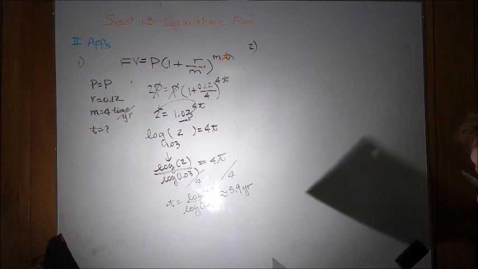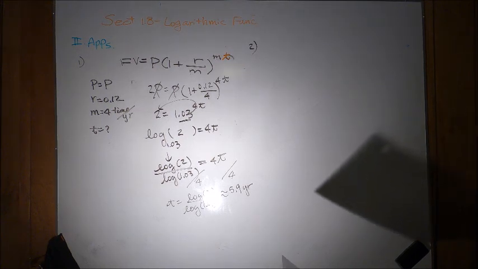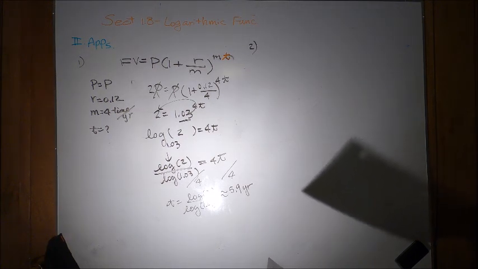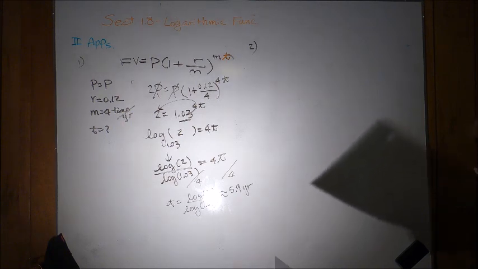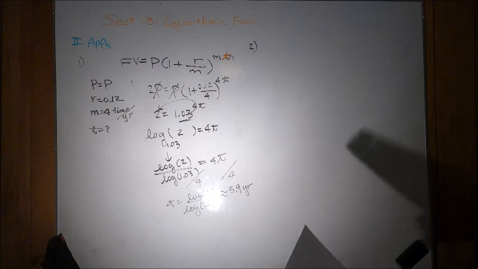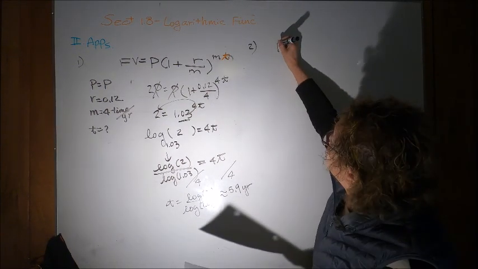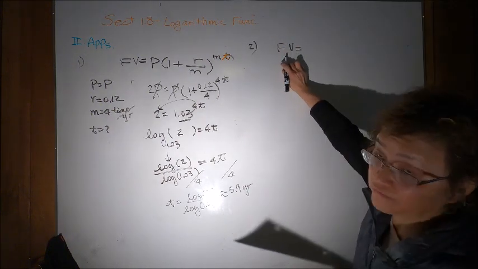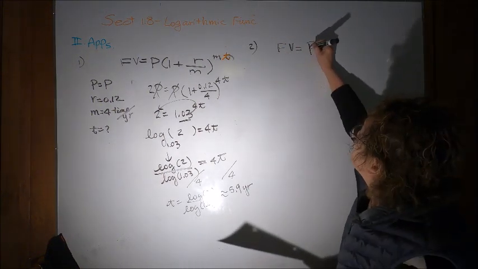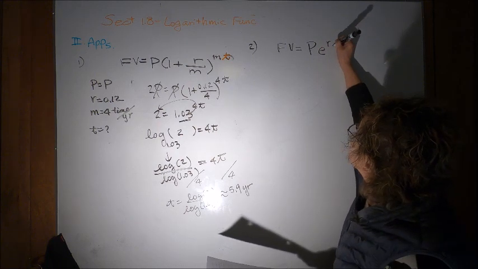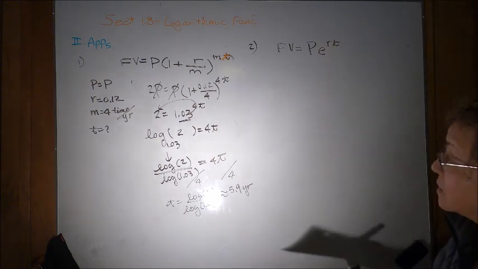How soon will it triple? Right? So let's take a look. 15% interest annually, that's super high, right? We wish. So what's the formula for compounding continuously for the future value? That would be what? Principal times e to the RT power.